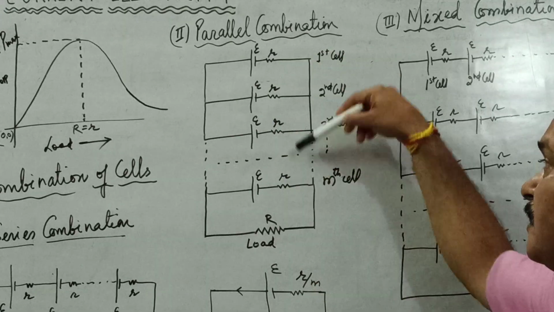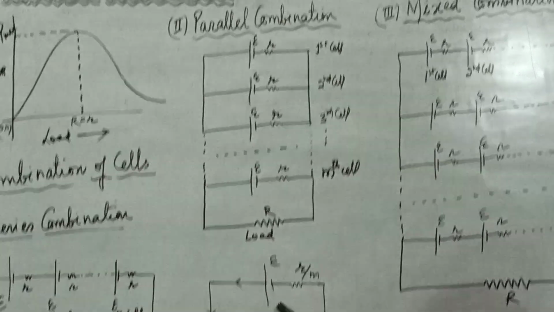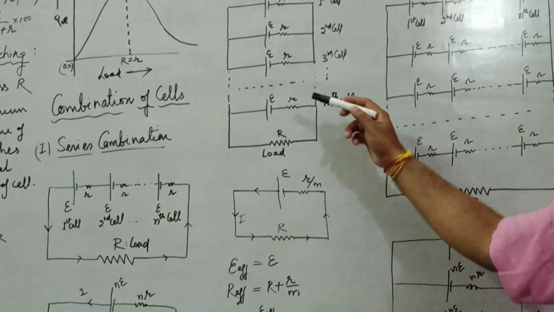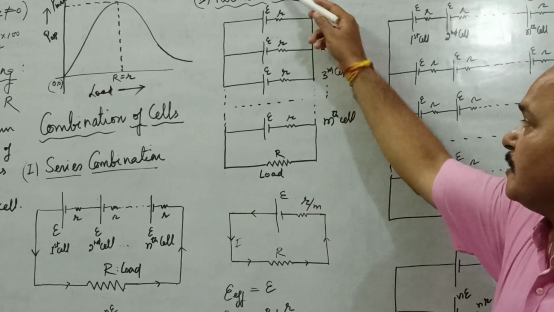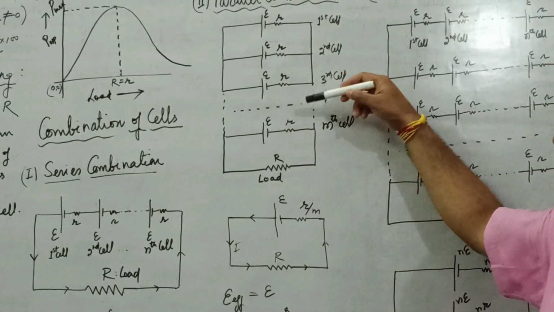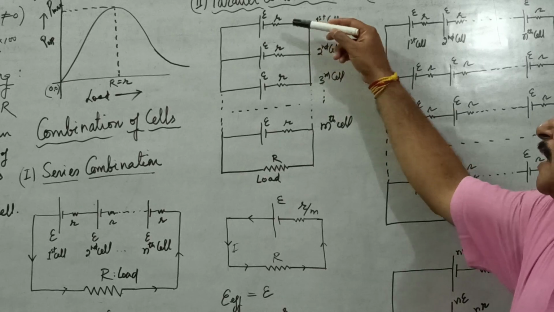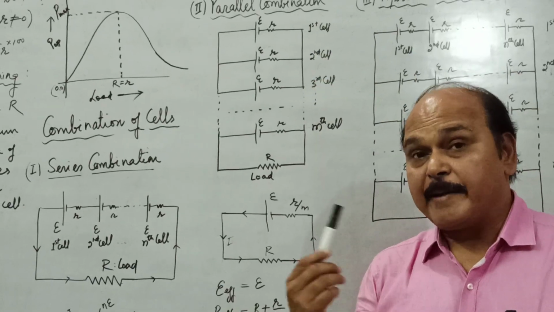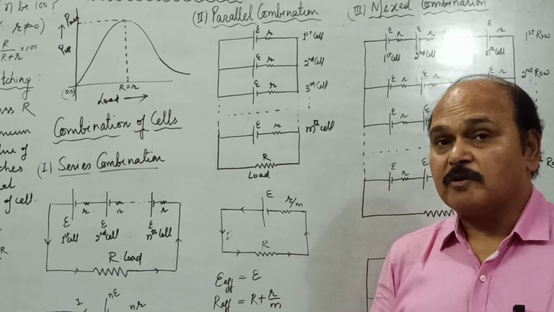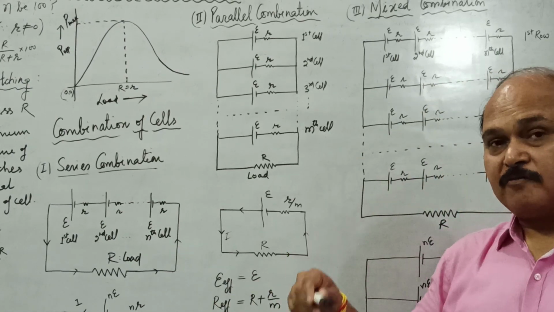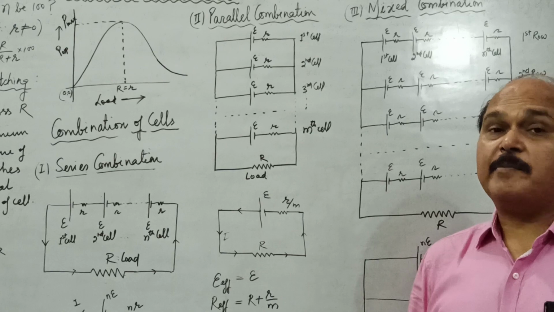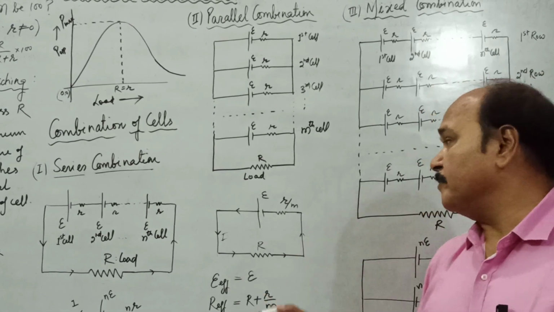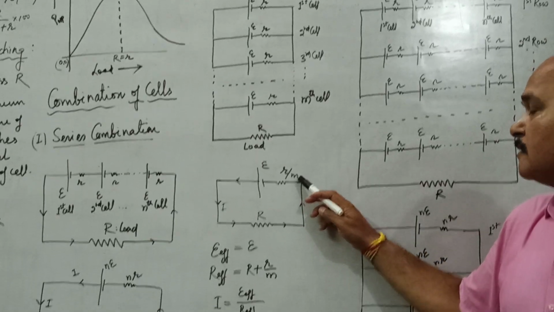Therefore, all these cells when replaced by a single battery will have EMF E. And the total internal resistance of this single battery would be the parallel combination of all these resistances r, and there are m of them in parallel. So 1 upon r, m times, comes out to be m upon r. The equivalent would be r upon m. This is the equivalent resistance.